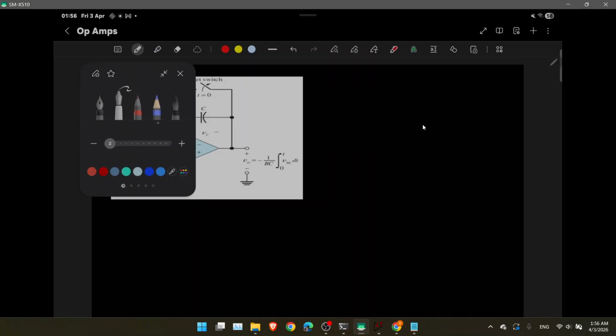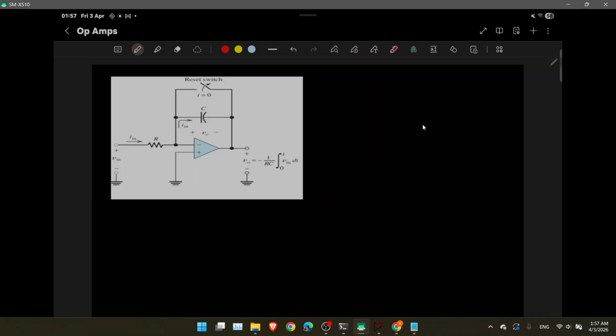So the first rule is in an operational amplifier, in an ideal one. I do this proof for an ideal one. The voltages at the plus and the minus are the same. Since this plus is grounded, it is 0 volt, and this is also 0 volt.